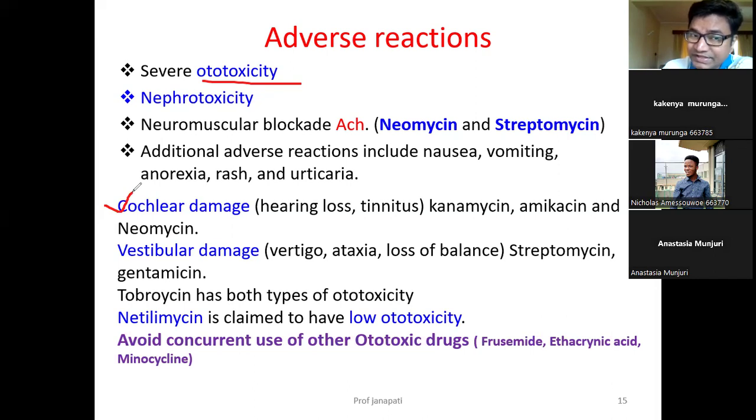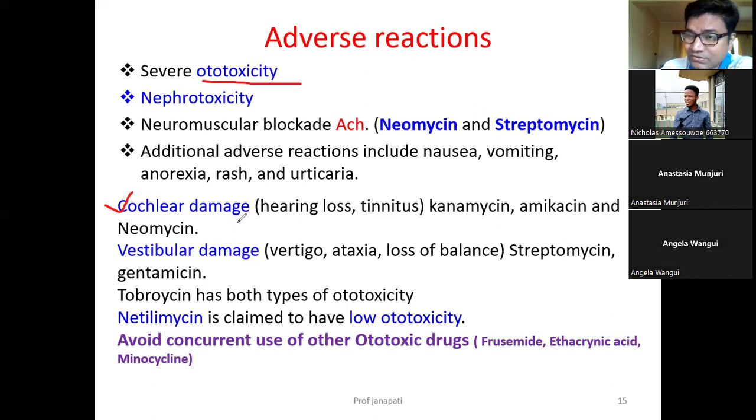This ototoxicity is mainly by binding to the cochlea and causing damage, causing hearing loss and tinnitus. The drugs which cause ototoxicity by cochlear damage are kanamycin, amikacin, and neomycin. So these are some of the drugs which damage the cochlea.